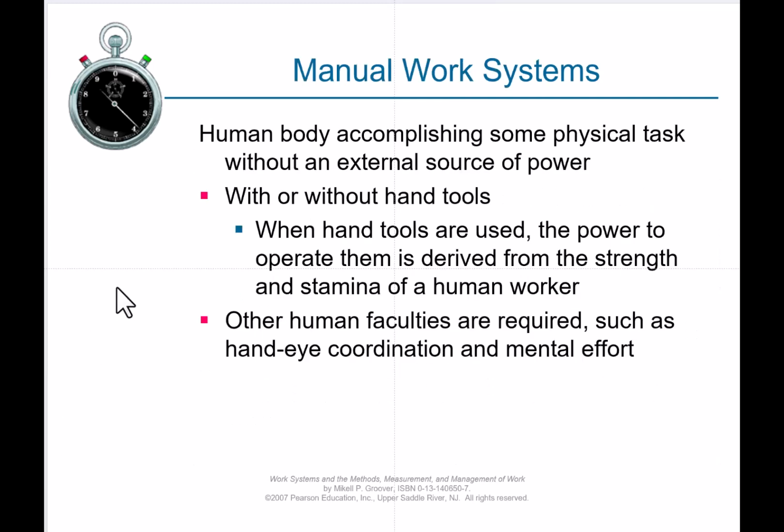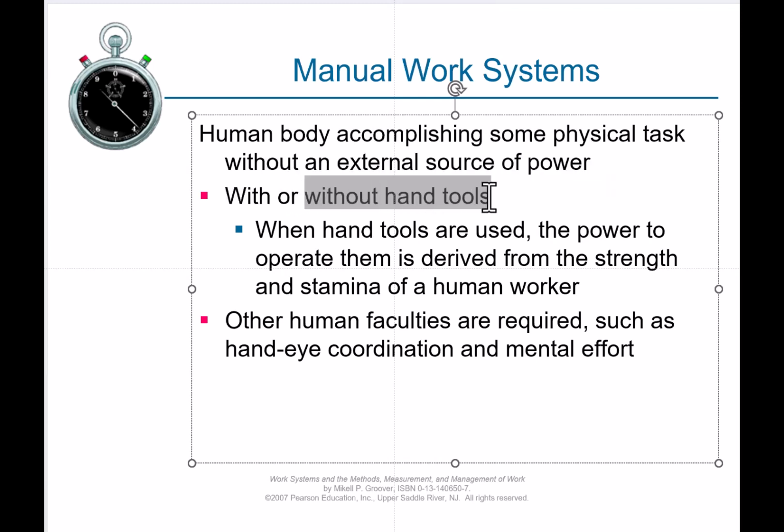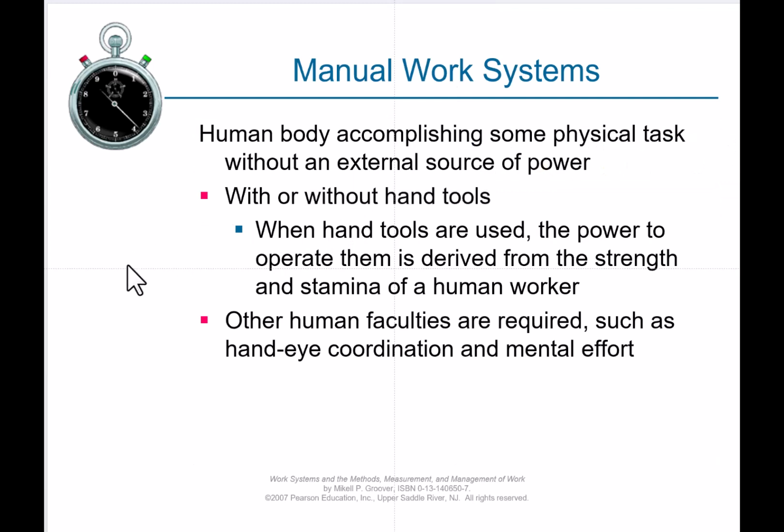For the manual work systems, what we need to observe is basically the human body accomplishing physical tasks. So you need to make manual observations, actually working with tools or without hand tools. The majority of the problems are that some companies don't have the proper tools. That's why in our labs I put a lot of emphasis on utilizing our tools.